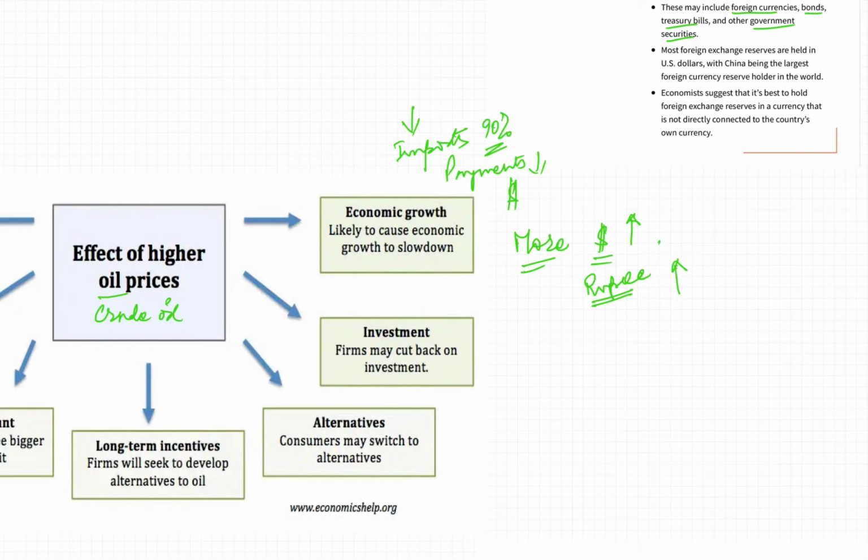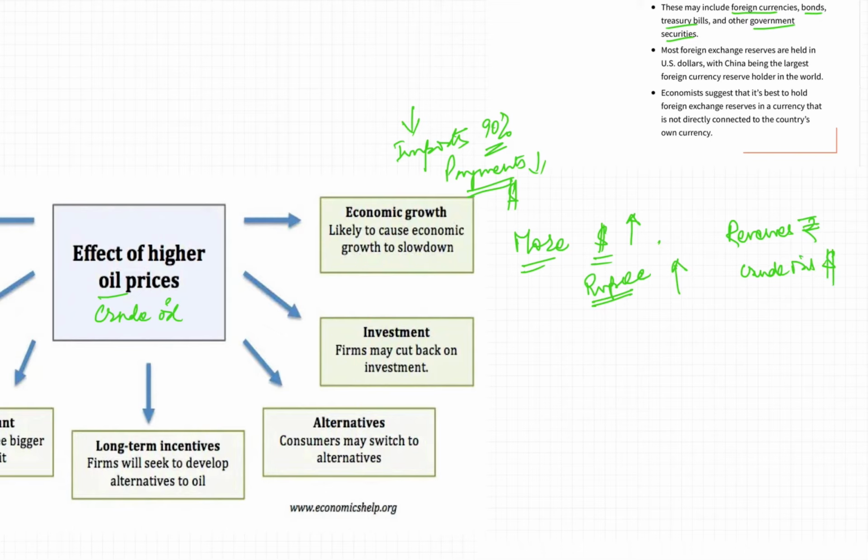That means the government revenue is going mostly into making payments for crude oil. Whatever revenue it is generating, it is generating in the form of rupees. It is going into making payments of what? Crude oil. And that too in dollars.